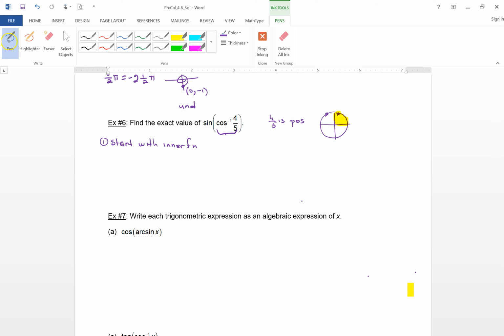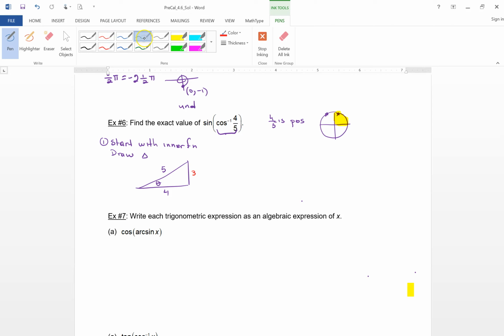Now, you start with the inner function and you draw a triangle. This tells me I have an angle theta, the cosine of which is 4 over 5. That means the adjacent over the hypotenuse is 4 over 5. Okay? Now, is there any way I can find the other missing side? It's 3. Okay, because 3, 4, 5 is a right triangle.